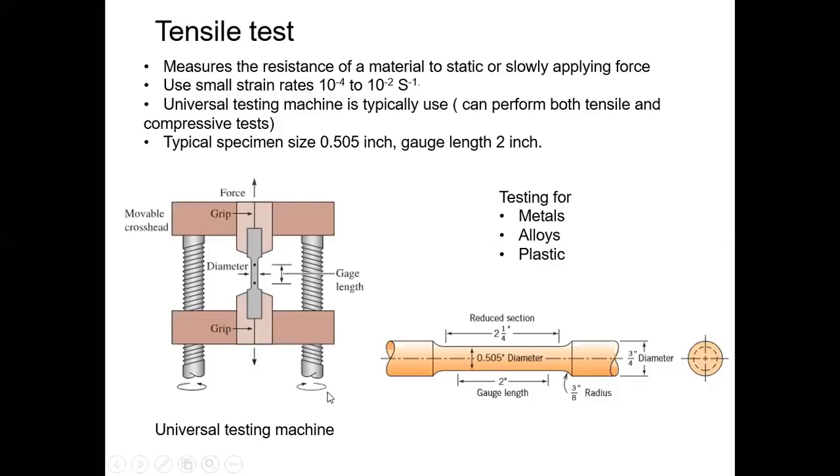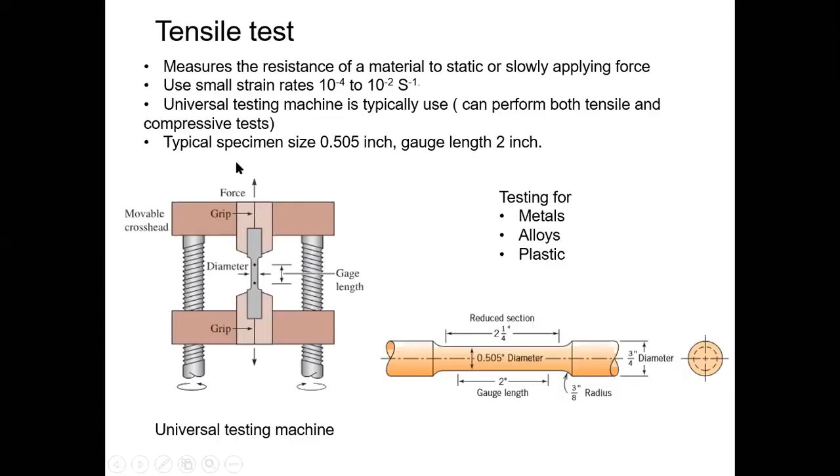You keep this specimen in here and you apply a force. You slowly increase the applied force and you measure the change of this length. We call this the change of the gauge length. By conducting this type of test, we can get two pieces of information.